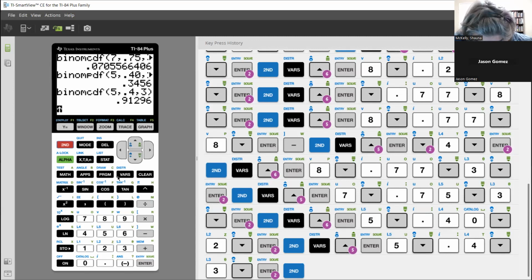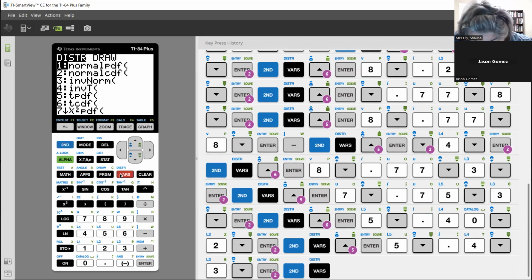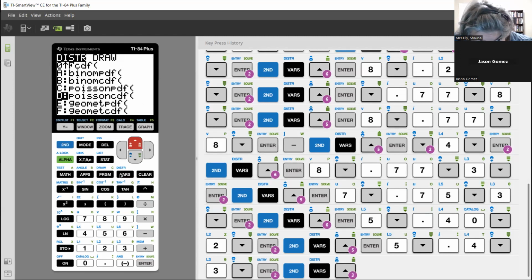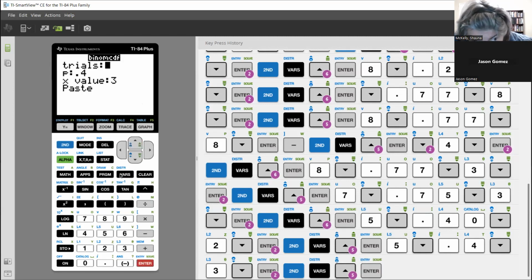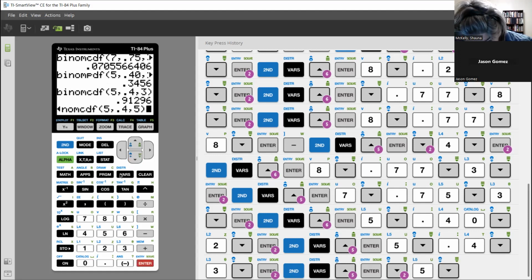Second distribution, binomial CDF. You have 5 trials. That's right. You have 0.4. This time you want to go all the way up to 5 people first. So paste that, then subtract.